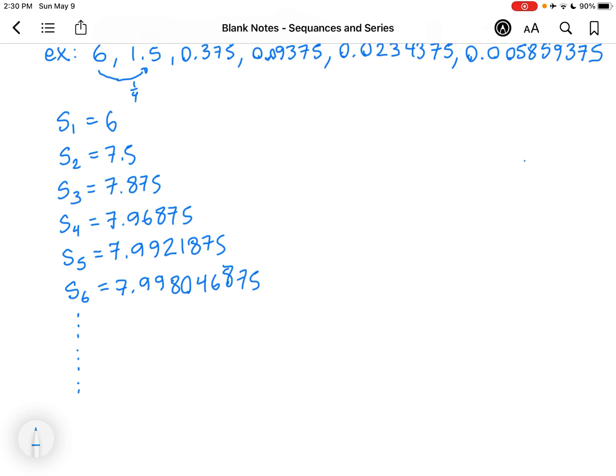And so what we say is that this is an infinite series that converges at 8.